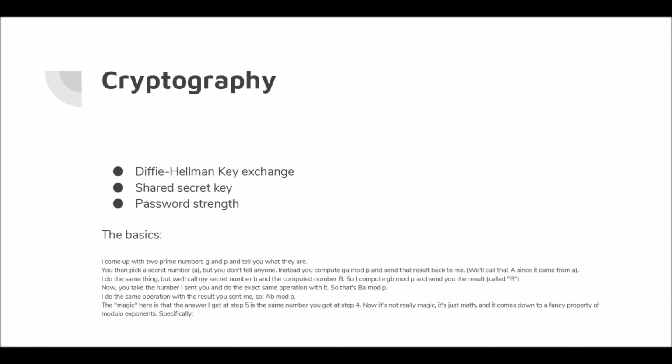So password strength, let's talk about that. Let's just go with an 8-character password. If we just use the 26 letters of the alphabet, uppercase and lowercase, that's 52 options. So you take the 52 options and raise them to the power of however many characters you want your password to be, and that tells you your possibilities. But there are really 94 possibilities: uppercase, lowercase, numbers, and special characters. So you can get a large amount of possibilities.